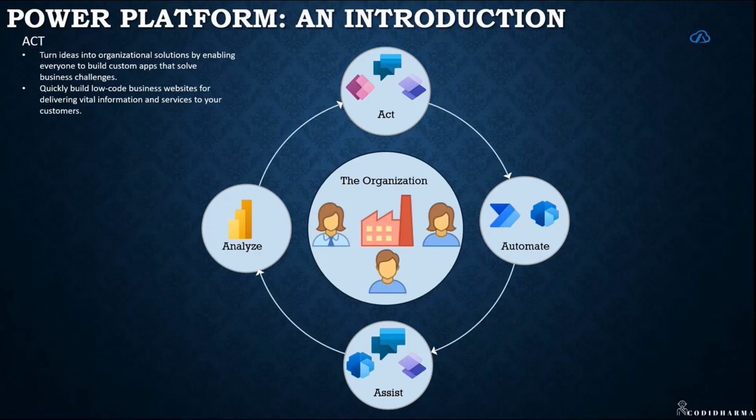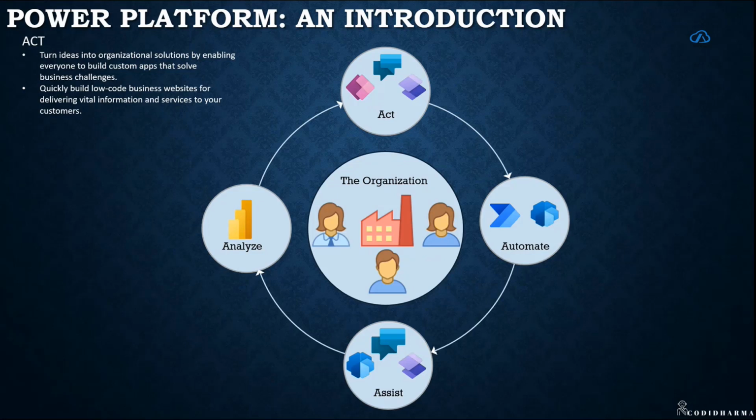The second place wherein the organization can act is to deliver vital information to customers by building low code or no code based business websites. So an example for this would be a FAQ portal wherein the customers of an organization can go and check solutions to their simple problems, or it can be as complex as creating a website which allows the users to buy insurance policies or apply for loans.